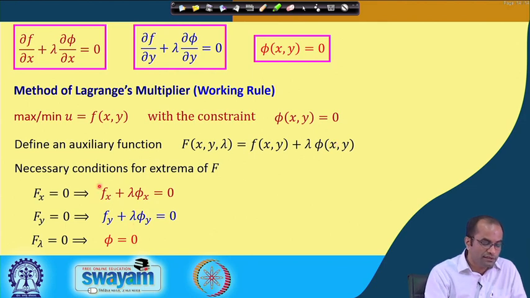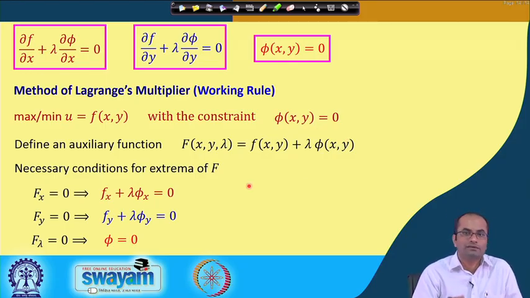So, we have these three equations which can be obtained just by defining this auxiliary function F, where we substitute this f x y as it is, introduce one lambda, and we have just one constraint here, lambda phi x y. But we can extend this idea for many constraints as well.